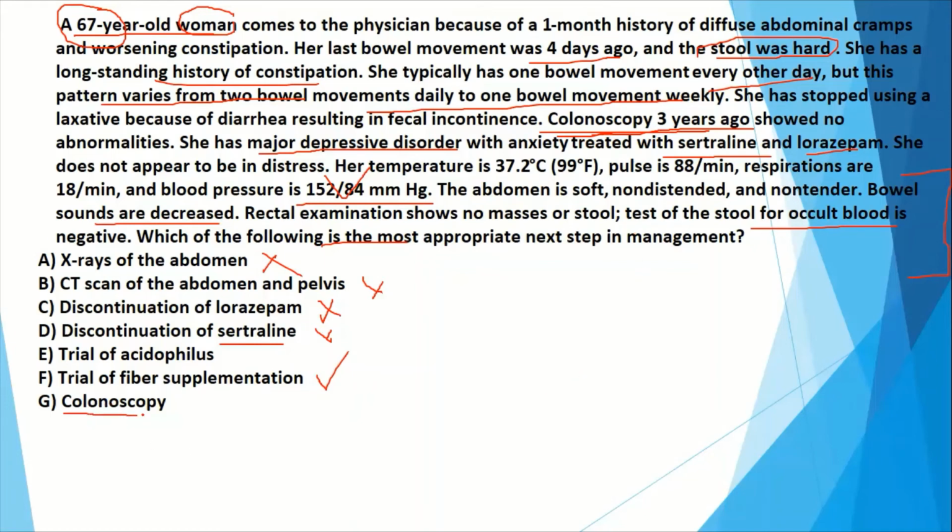And colonoscopy, as I mentioned, if there are some red flags like nocturnal diarrhea. A very important point is that usually the diarrhea of the IBS is in the daytime. It is not going to present in the night time. So if the diarrhea is presenting at night time, you must think that there is something abnormal. You have to explore the cause. You have to investigate the cause. So I'm going to tell you the red flags.